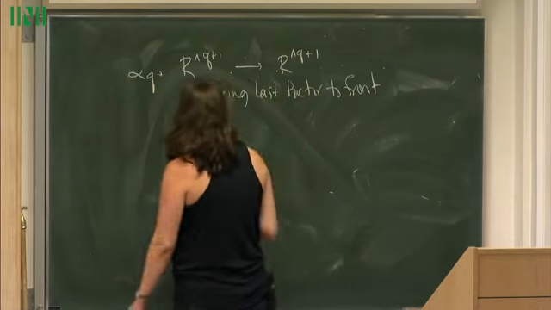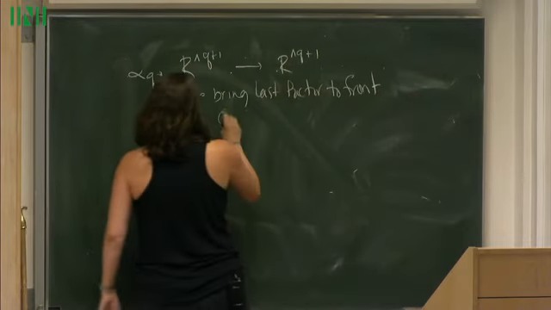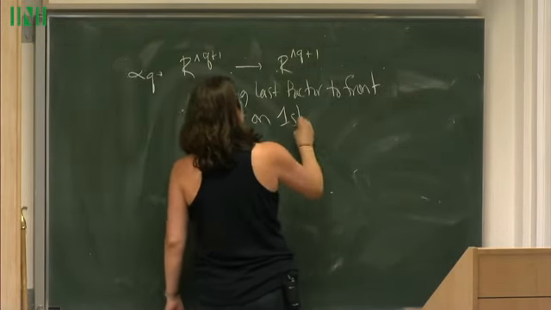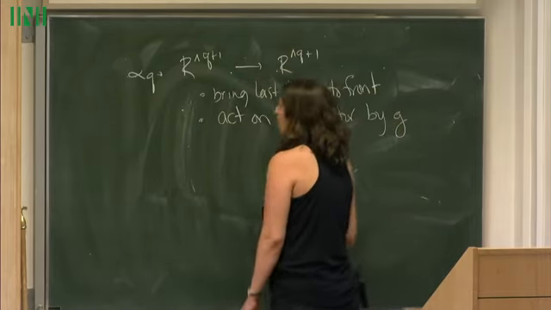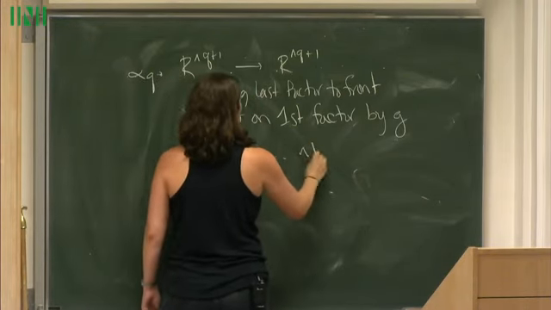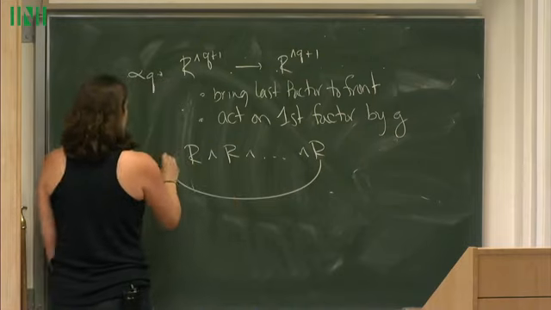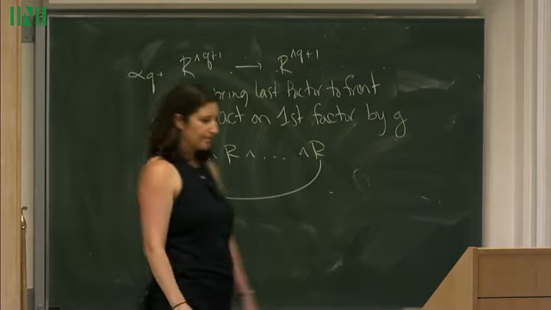And the second thing is that it acts on that new first factor by little g. Okay, so a picture of that schematically: I have a bunch of smash powers of R, I'm going to bring the last one to the front, and I'm going to act by my generator little g.